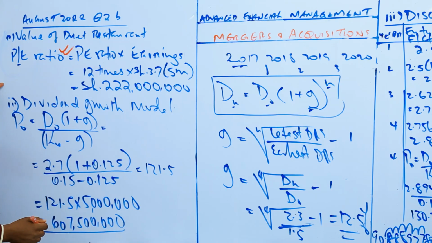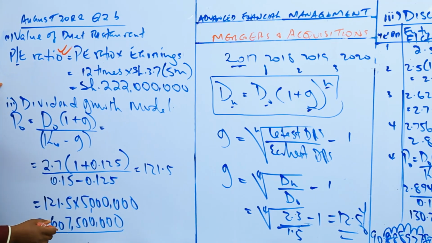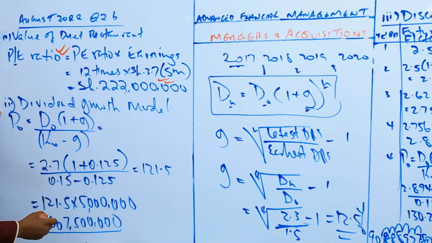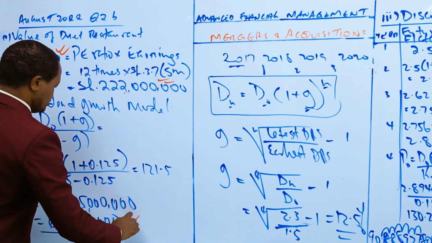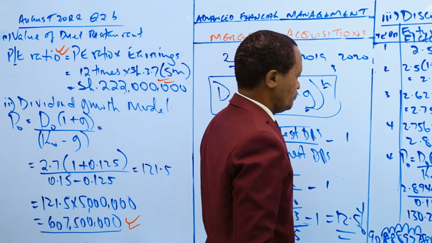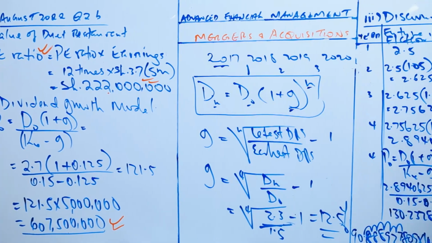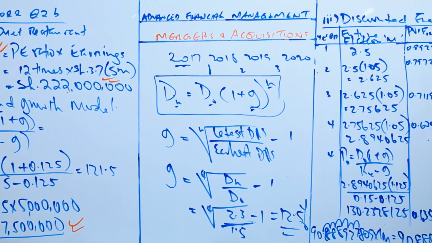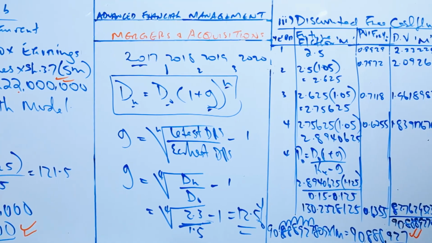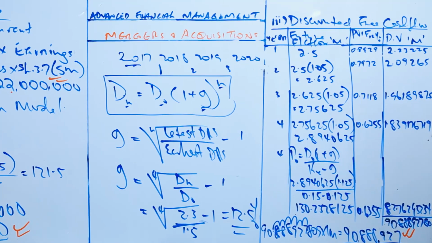Using the PE ratio basis, the value of this target company is 222 million. Then using the dividend growth model, the value of this company is 607.5 million. Using the discounted free cash flows basis, the value of this target company is 90,888,927 shillings.